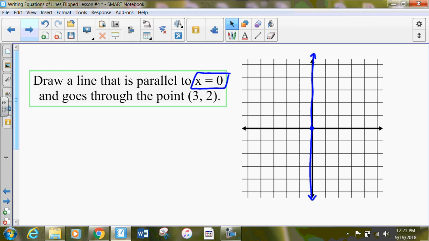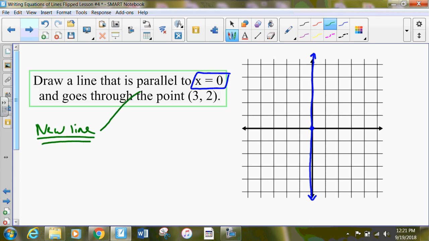So we want our new line to be parallel to our old line and also include this point. So let's go ahead and graph the point. (3, 2) tells me that I'm going over 3 and up 2.